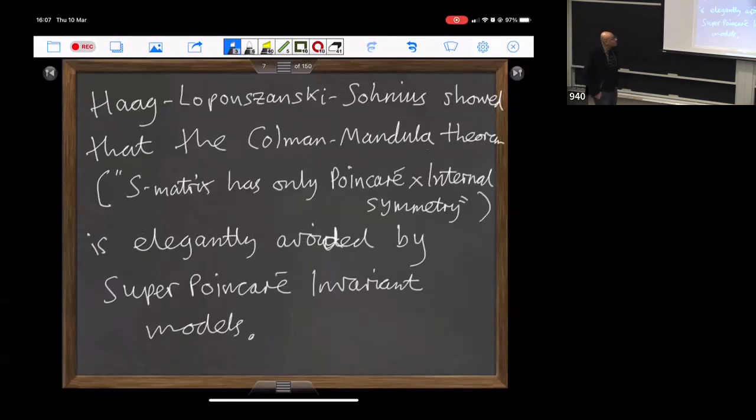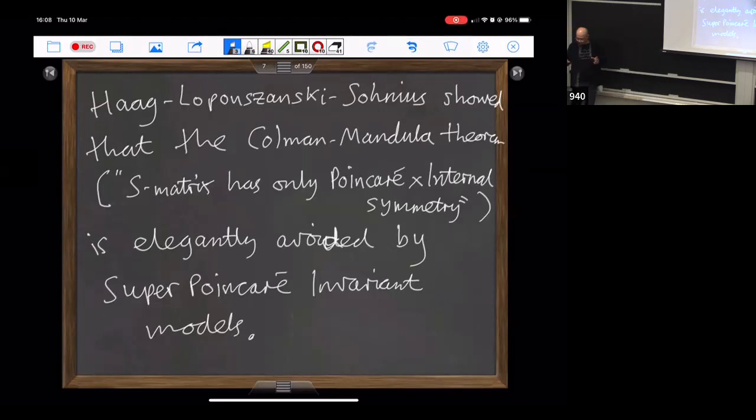So, as I was reminding the students, Haag, Lopuszanski, and Sohnius showed that the Coleman-Mandula theorem, which you can paraphrase with the statement that the S matrix for scattering of particles can only have, if it has symmetries beyond Poincare invariance, just global or internal symmetries. But what these fellows showed is that this is actually elegantly avoided in super Poincare invariant models.